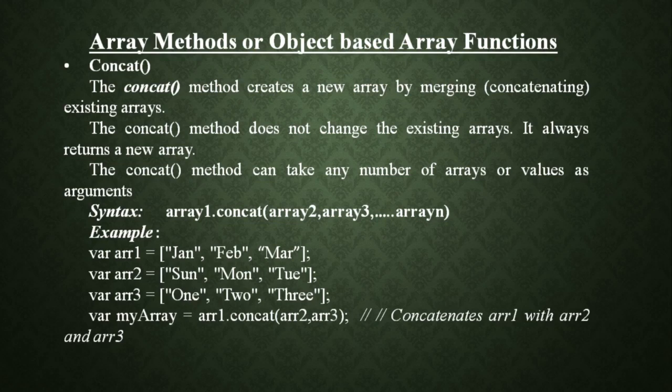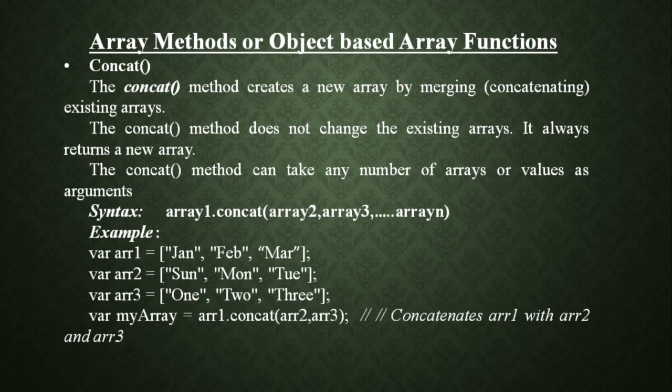Here I am using concat with array 2 and 3. It will concatenate array 1 with 2 and 3. The concat method does not change the existing array. It always returns a new array.